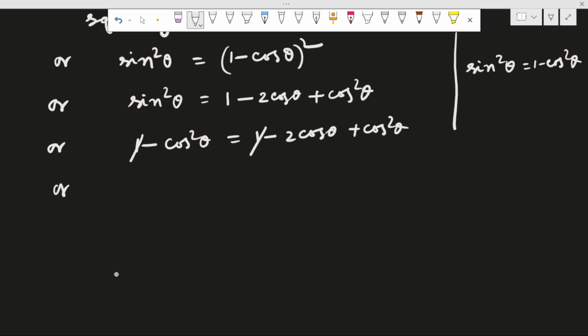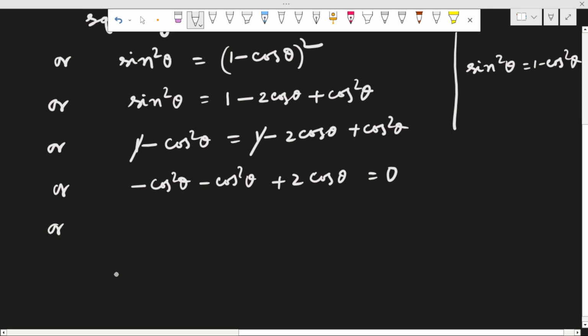Transposing all the terms of the right hand side to the left, cos square theta towards the left will be minus cos square theta, minus cos square theta, plus 2 cos theta equal to 0.